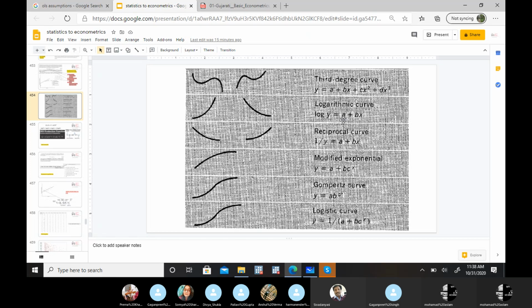But the only requirement for the OLS method is that parameters need to be linear, and it has nothing to do with the linear regression line. It's not that OLS has this assumption because we have to estimate a linear regression line. It has nothing to do with that, because with OLS you can also estimate these types of non-linear regression lines; you just have to modify your models.